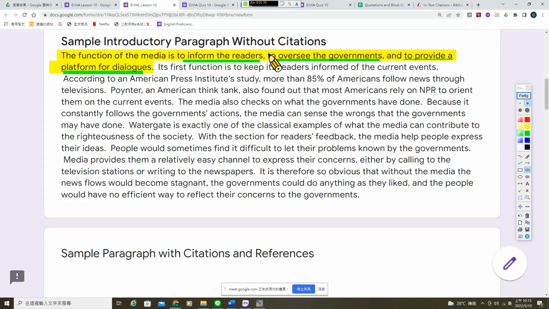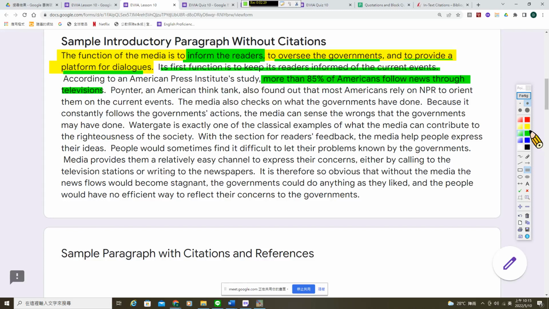So basically, its first function is to keep its readers informed of the current events. So this one is a reflection, a further argument for informing the readers. But let's take a look at this one. According to an American Press Institute study, more than 85% of Americans follow news through television. So this part is a citation.